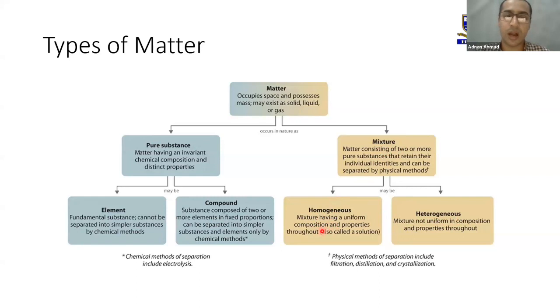Homogeneous mixtures are those type of mixtures where you have uniformity, okay? When something is spread out evenly. But in heterogeneous mixture, the solution is not uniform, okay? What do we mean by uniform? Let me show you with the help of this example.